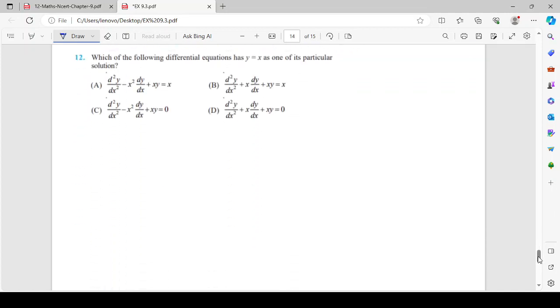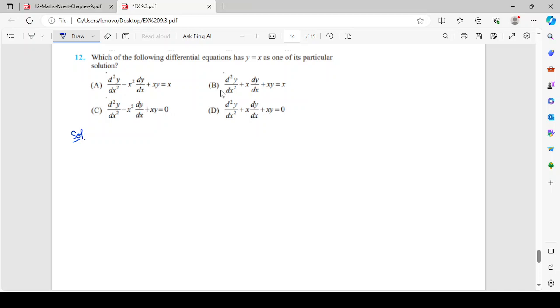Next, question number 12. Which of the following differential equations has y equal to x as one of the particular solutions? So can you see here, particular solution? What is a particular solution? It is obtained from the general solution where arbitrary constants won't be present. Only fixed constants are present. y equal to x is one of the particular solutions, it says. So how do we say that y equal to x is one of the particular solutions for the given differential equations?